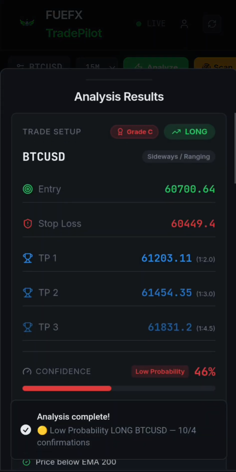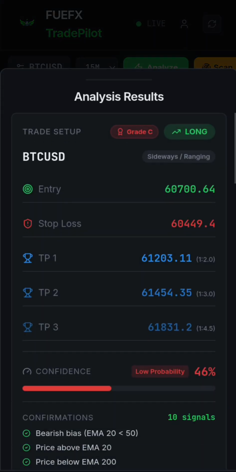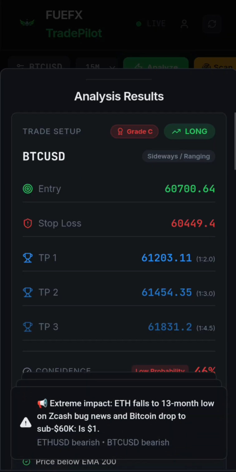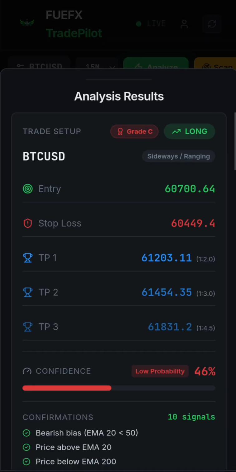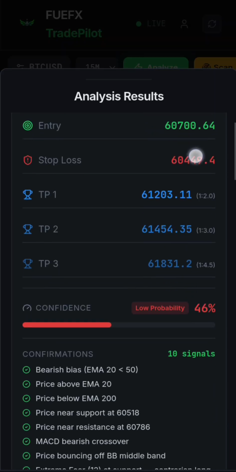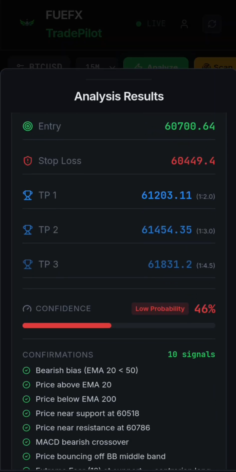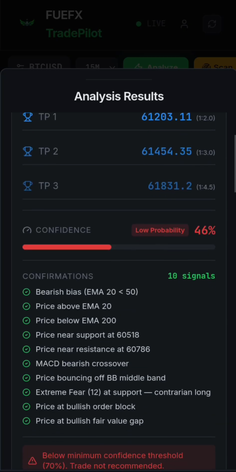Here are the analysis results. I got a grade C long setup for BTC USD. It has given me the entry point, the stop loss, and the take profit points, TP1, TP2, and TP3. The confidence for this trade is low. It's a low probability trade, which gives me 46%.